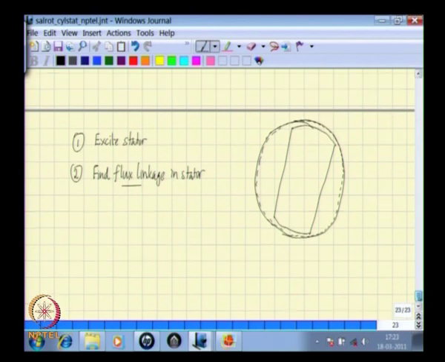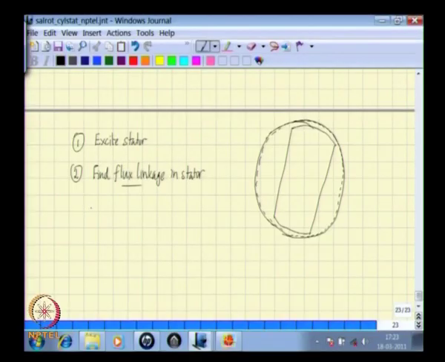Therefore, in order to analyze this kind of system, you assume that the coil on the stator sees a geometry with two air gaps.